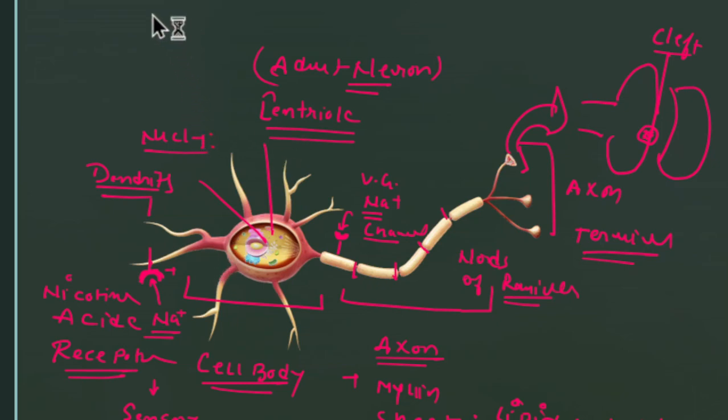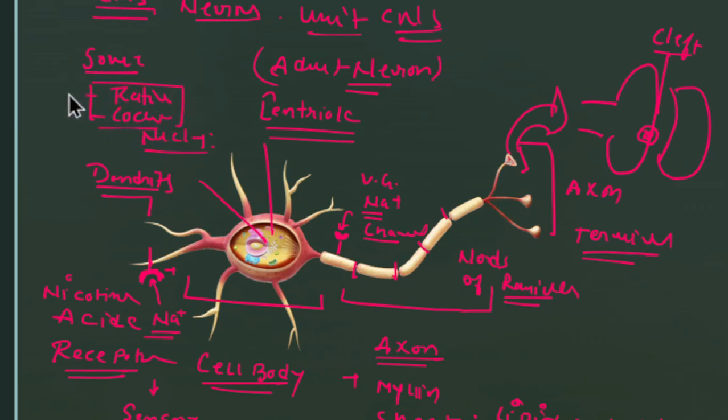So, as you all know, neurons are the basic functional unit of the CNS, but some organs also have neurons, like the retina and cochlea.